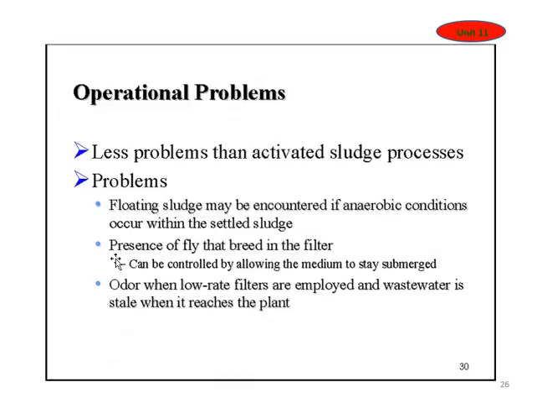This is one of the problems. Flies may grow on the filter because it is open to the air, causing nuisance in the area, and also an odor problem. So you cannot build a trickling filter near areas where people are living, because it may produce a lot of odor. These are some operation problems for the trickling filter.